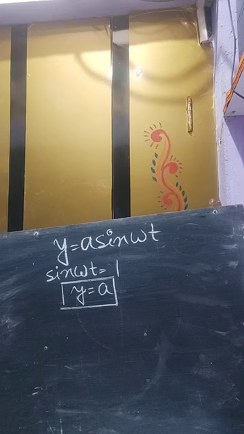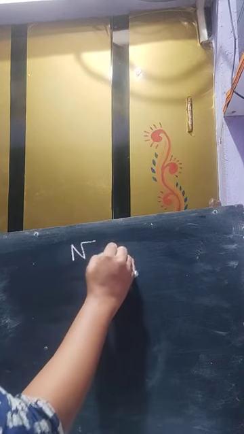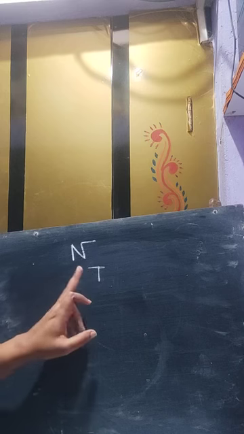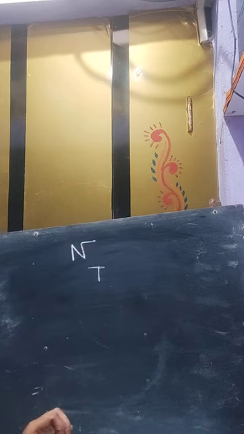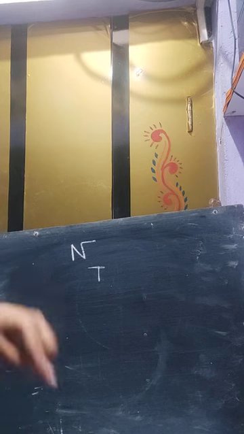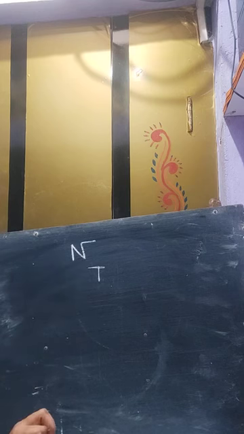Now, what is periodic time? The time taken by N to complete one oscillation is called the periodic time T. The time during which N completes one oscillation, the particle P completes one round of the reference circle, that is, it revolves through an angle 2 pi radian.